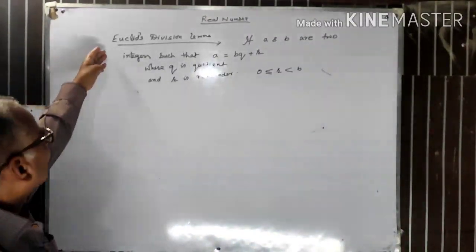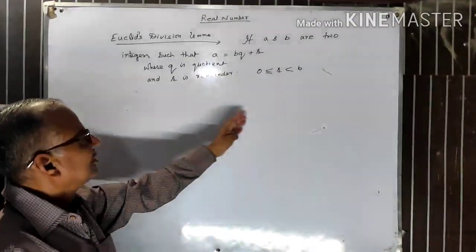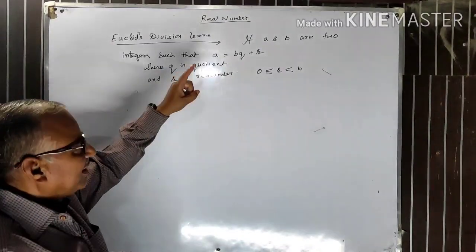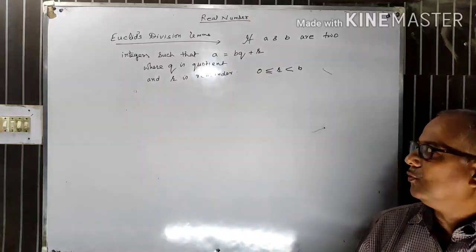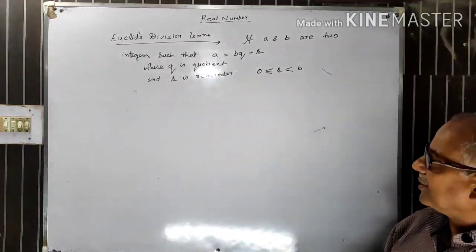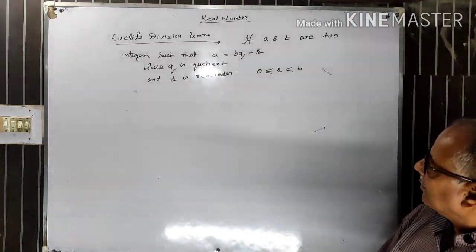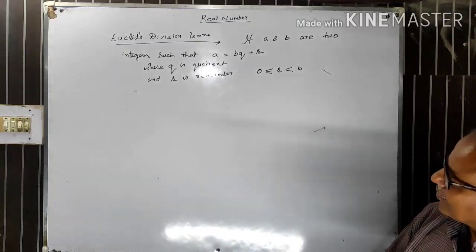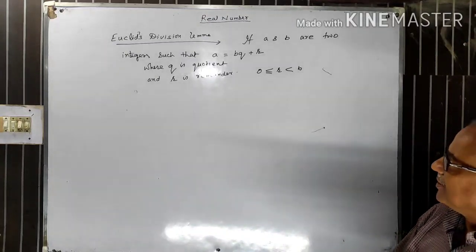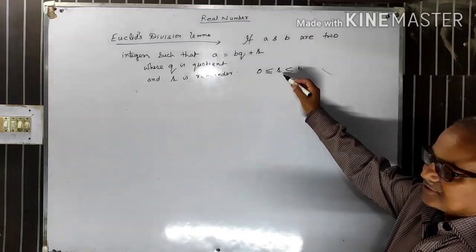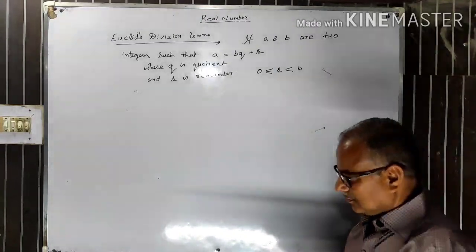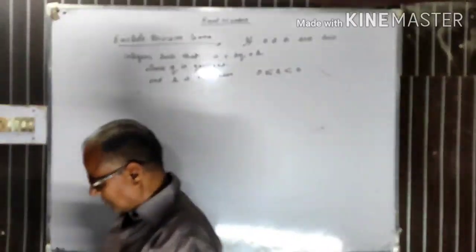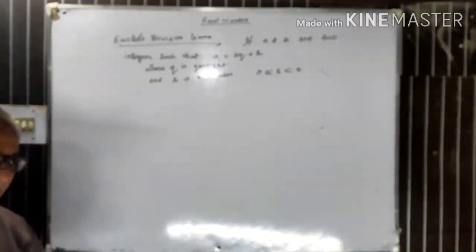So this is what we call Euclid's division lemma: if a and b are two integers such that a is equal to bq plus r, where q is the quotient and r is the remainder, and 0 is less than or equal to r, which is less than b.